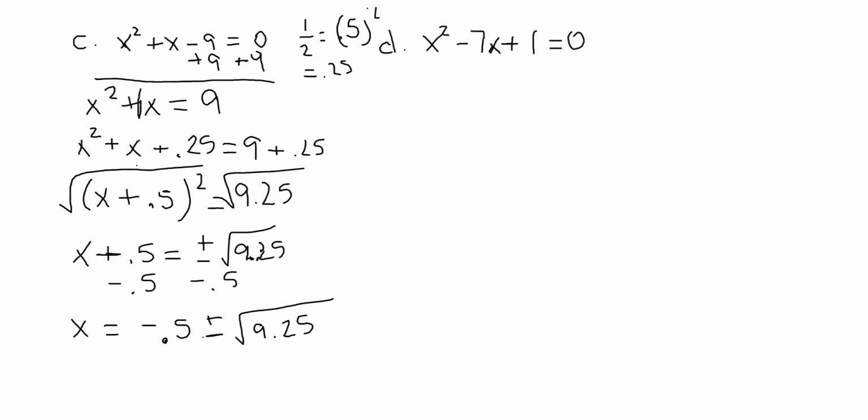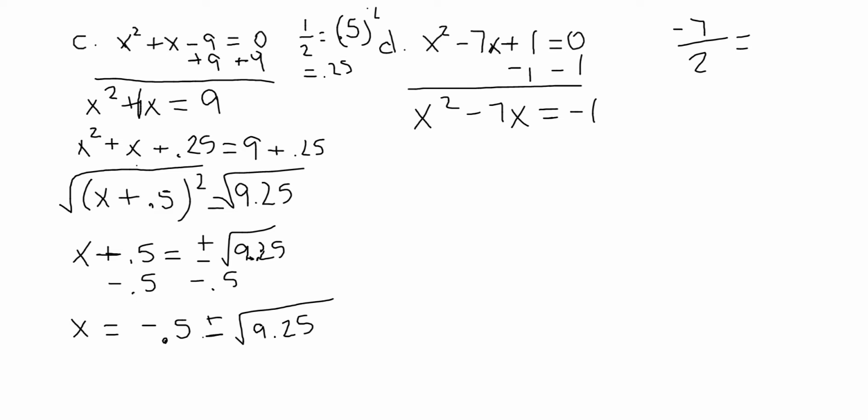Now for D, again, we have to start by moving our C term over. So I'm going to subtract 1 from both sides. And that will leave me with x squared minus 7x equals a negative 1. Then my B term is a negative 7. So I'm going to take a negative 7, or 7, and divide it by 2.